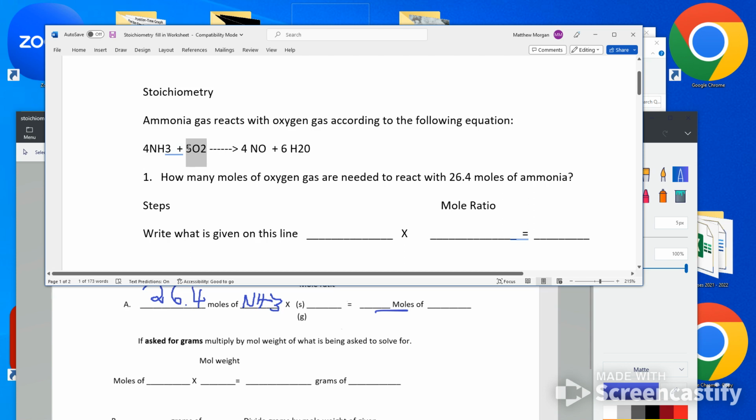Oxygen. How many moles of oxygen are needed to react with 26.4 moles of ammonia? So what is given goes on the bottom. What you're looking for goes on top. And that's going to set up your mole ratio.